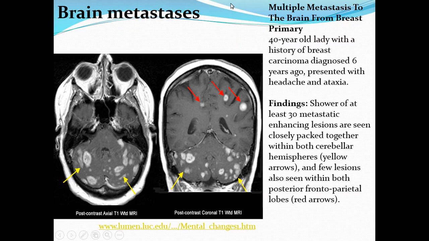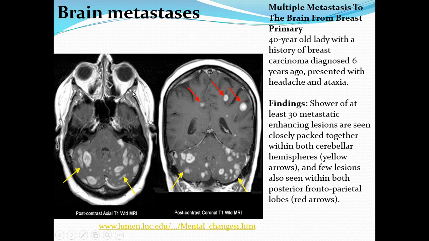Then brain metastasis. Multiple brain metastases. They can be different in different patients. Like in females, the common cause is breast carcinoma. In males, prostatic carcinoma or lung carcinoma are the commonest causes.